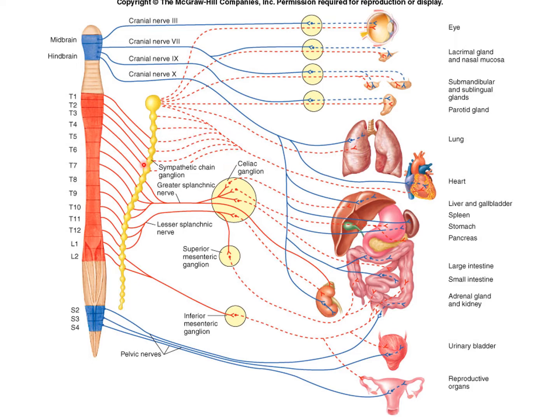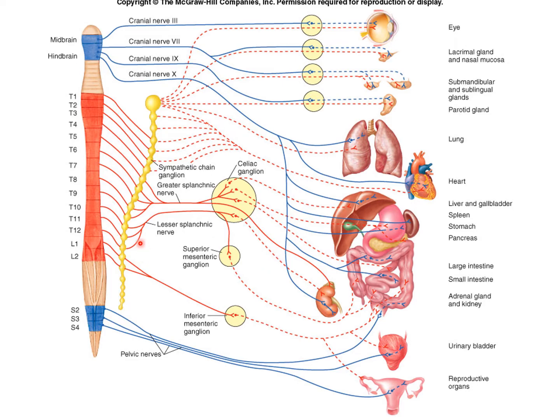The second pathway is the preganglionic neuron will come out and pass through the sympathetic chain and just keep on going, and then synapse in the adrenal medulla with some modified postganglionic cells there.